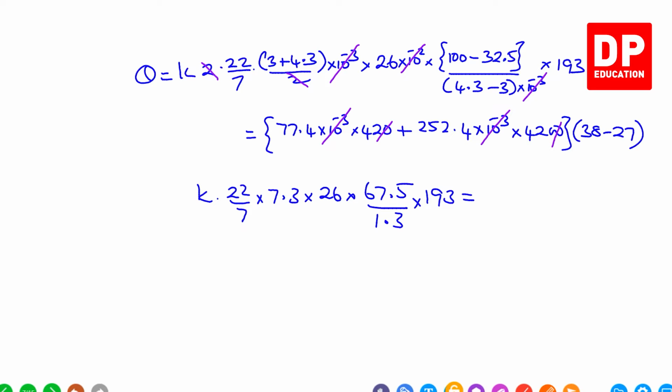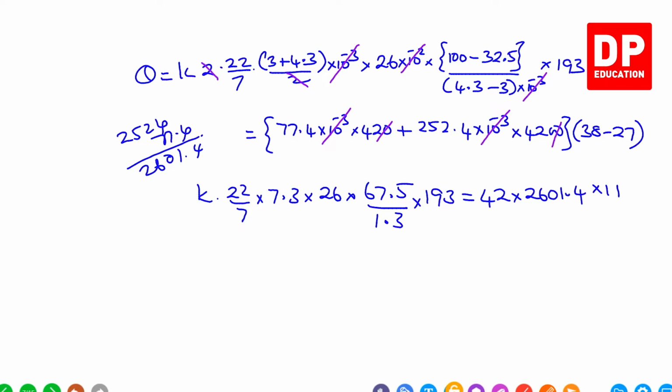If you take 42 outside, a 0 has to be here. 25, 24 and 77.4 will be inside. 2601.4. See, I am taking 42 out. If you take 42 out, inside what you have, 2601.4 into 11. 38 minus 27 is 11.